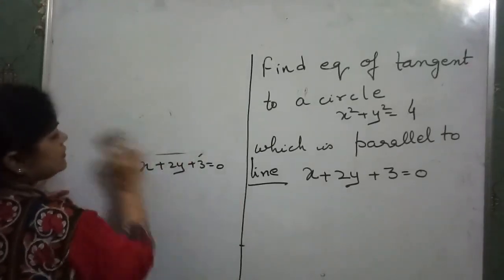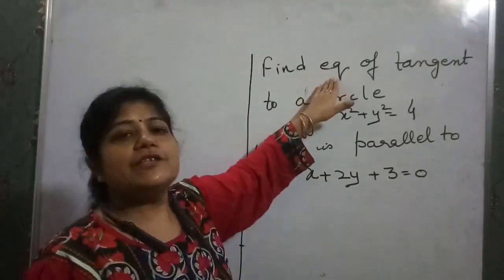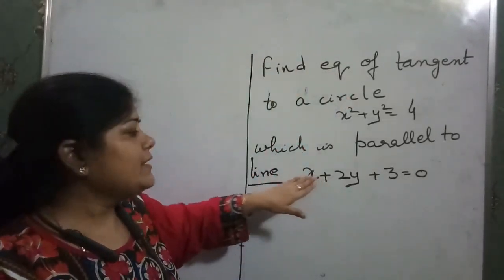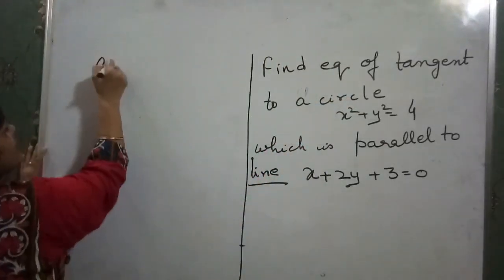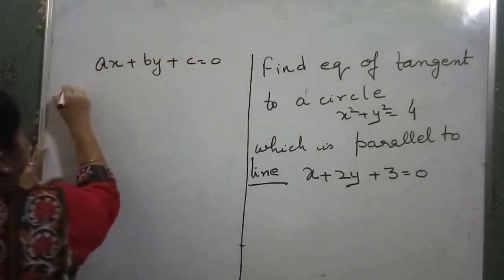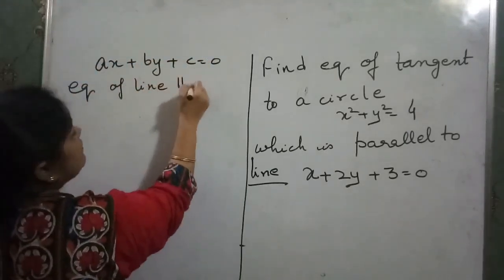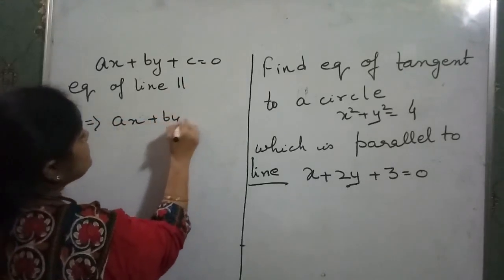That means the equation of the tangent we have to find is parallel to this line. The equation of a line parallel to any line, for example ax plus by plus c is equal to 0, is ax plus by plus lambda is equal to 0.